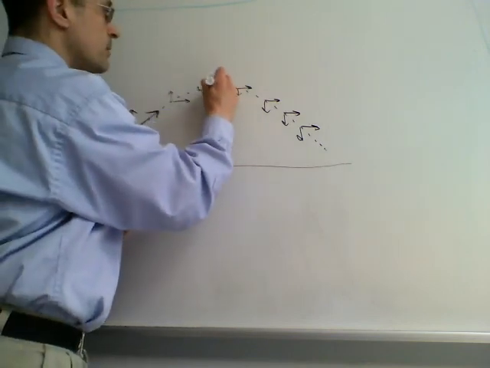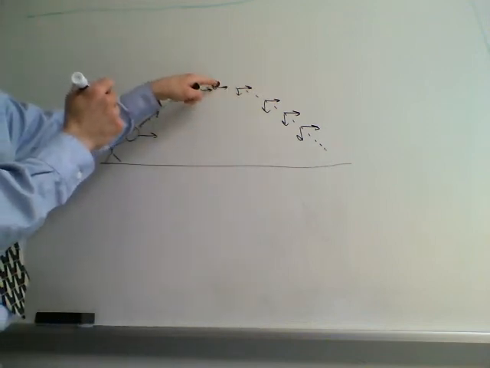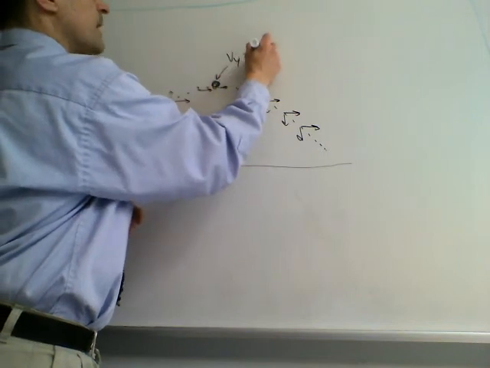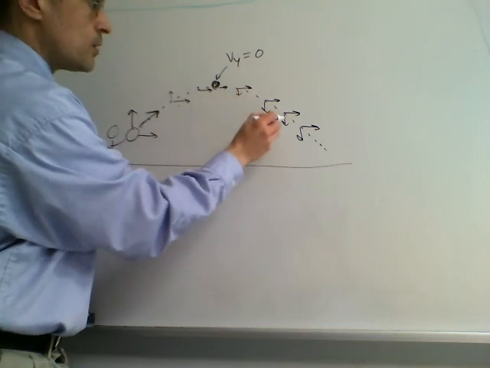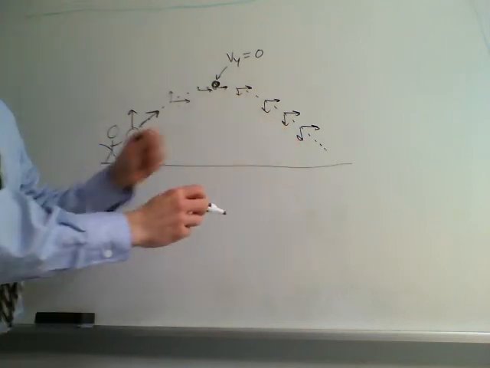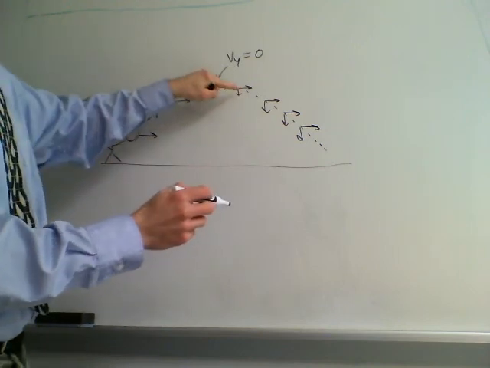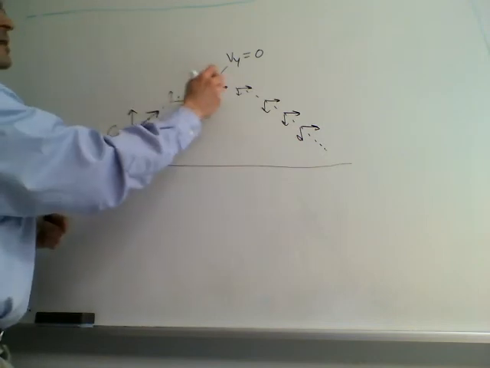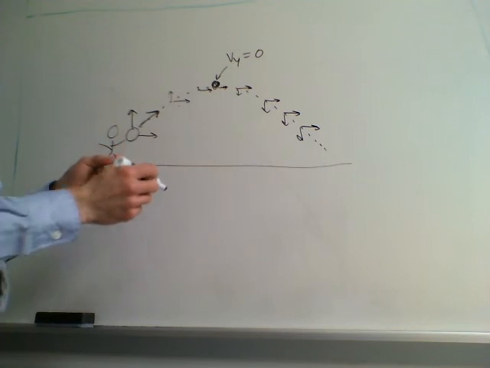Then at the very top here, the y velocity goes to 0. Velocity in the y is 0 at the top, and then gravity starts to reaccelerate it back to the ground. So gravity slows it down going up, then speeds it up coming back down. So the y component changes, the x component is constant.